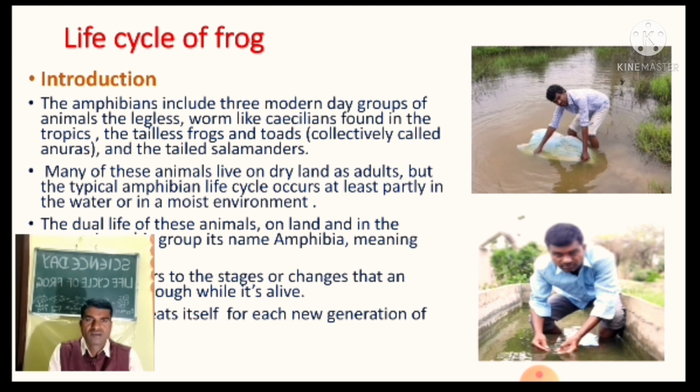When the frogs are there in summer season, if the temperature is rising, they go into wet places. Many of these animals live on dry land as adults, but the typical amphibian's life cycle occurs at least partly in the water.